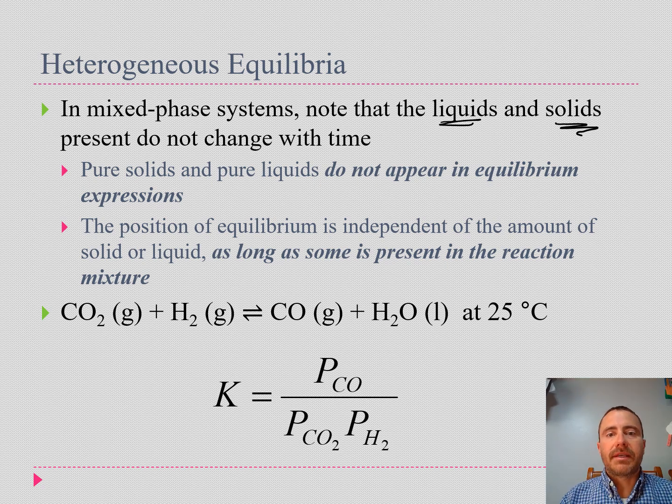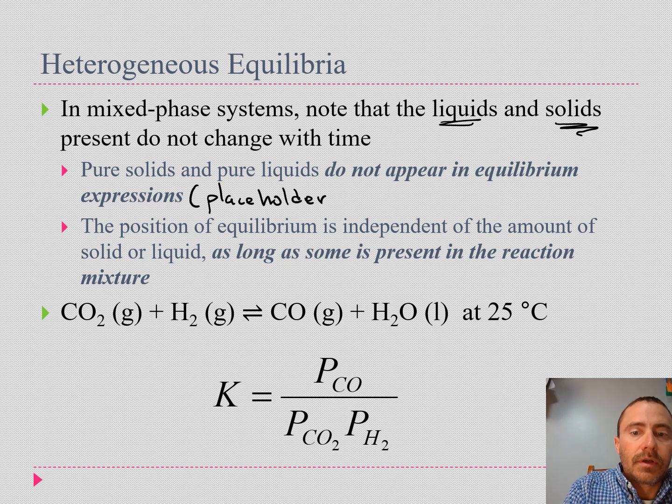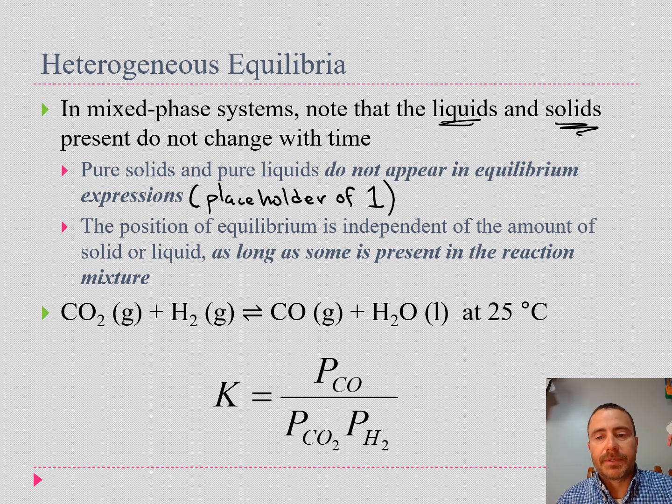And because they do not affect our equilibria, they will not show up in our equilibria expression, meaning that they are not in our expression for our K values. All right, now what we do is we need a placeholder of 1 for mathematics purposes.